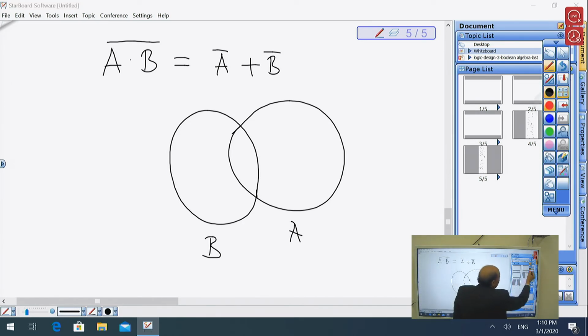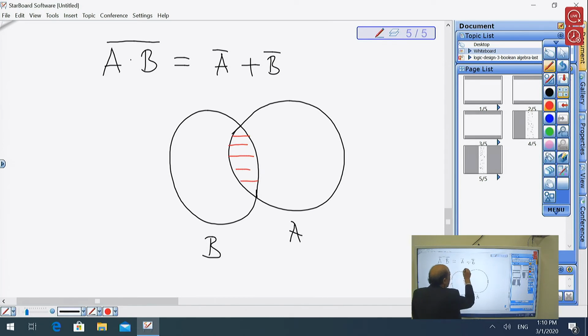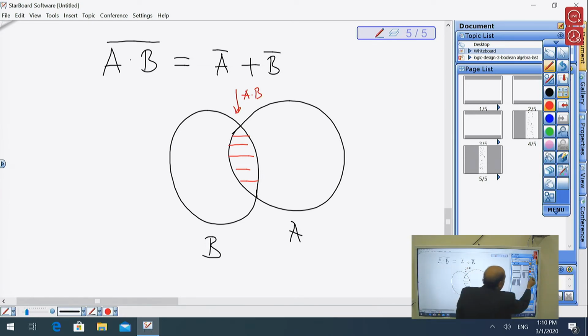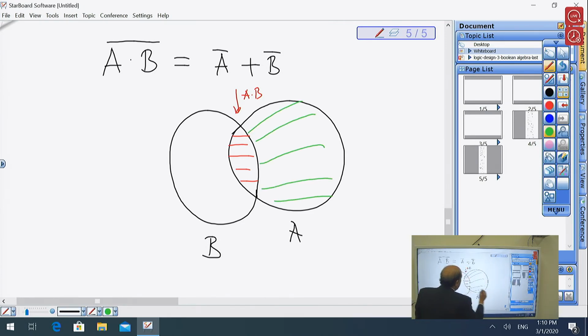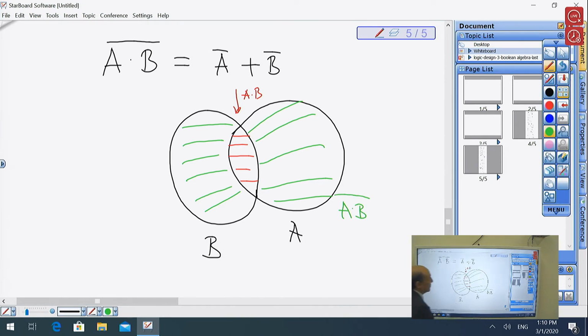I'll color it. This is A and B. The complement of it is this part, the green, which is the green part, not (A and B).